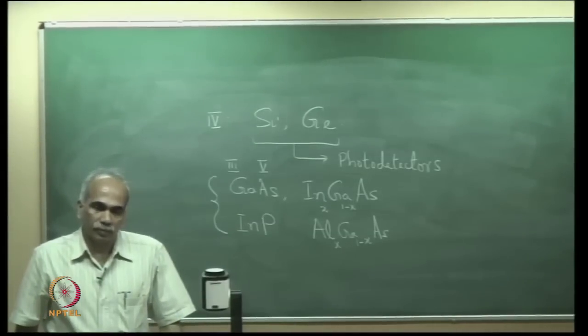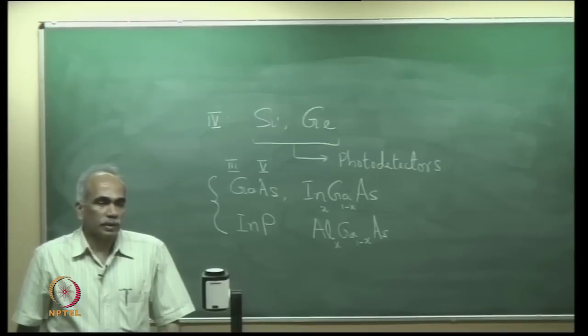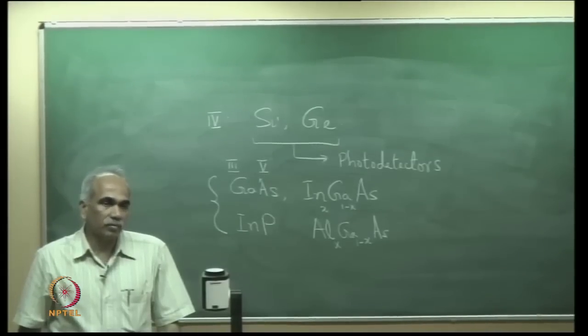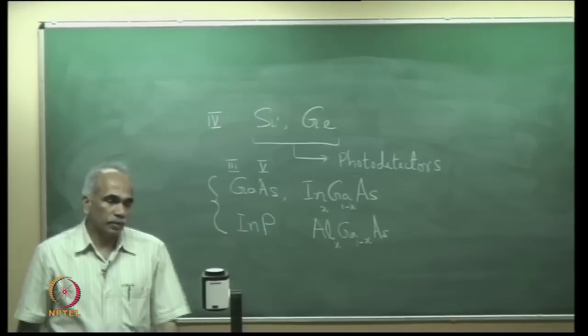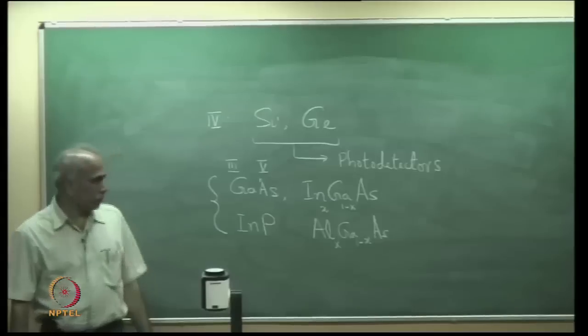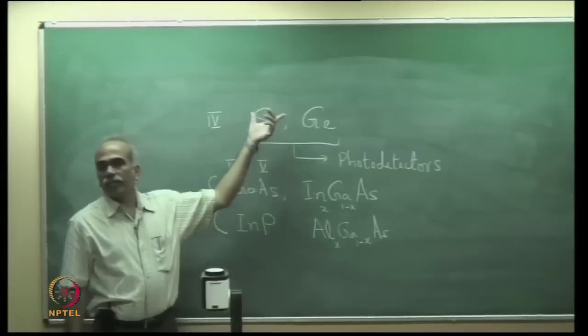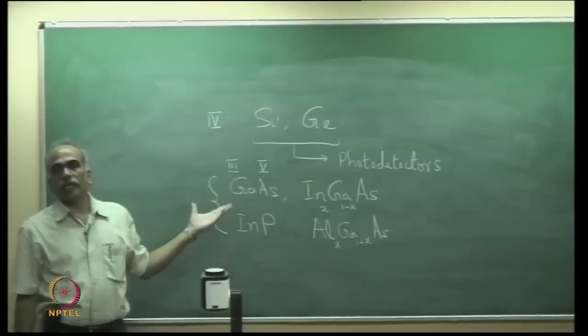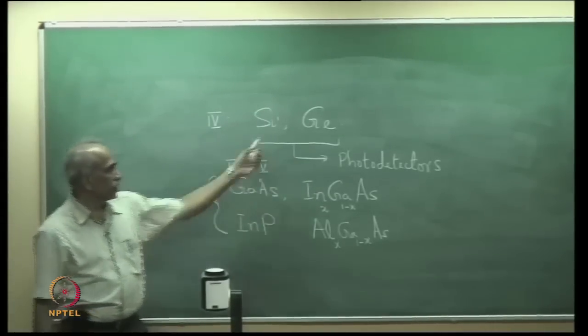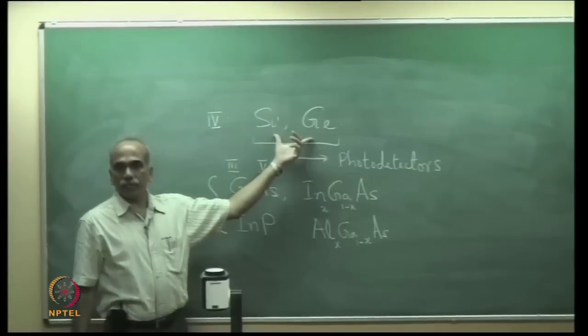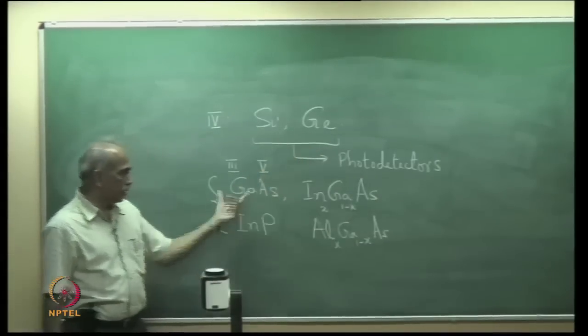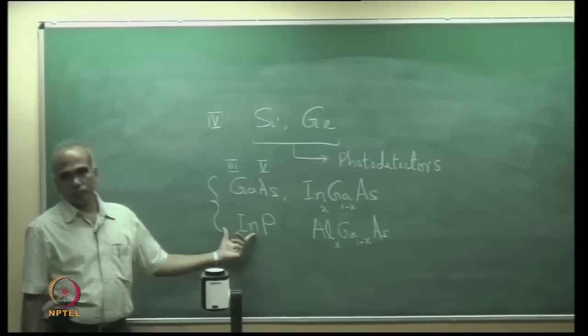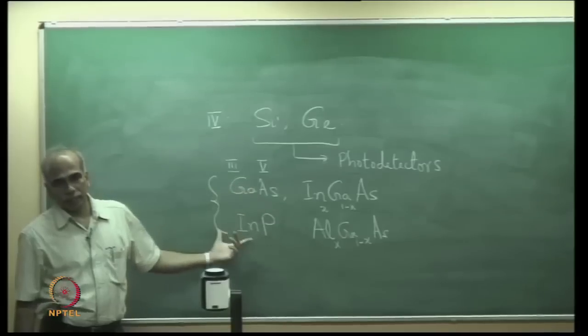We will discuss energy bands in solids and the E-K diagram, and look at indirect band gap and direct band gap materials. Silicon and germanium are indirect band gap materials, and gallium arsenide and indium phosphide are direct band gap materials.